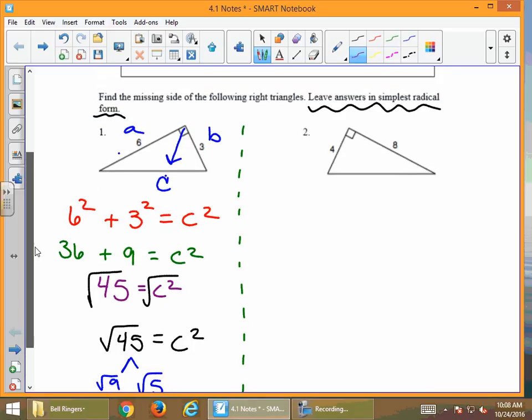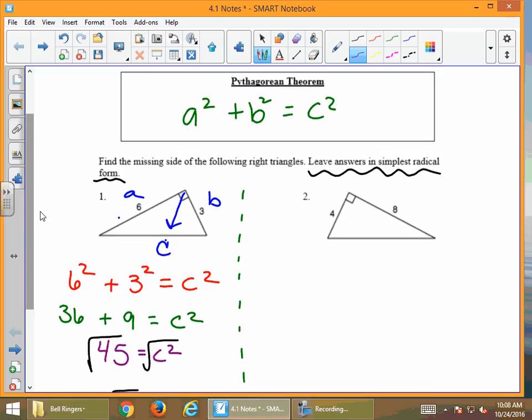If we take a look at the next one, again, the side across from the 90 is always your C. This is A, this is B, doesn't matter. The one that matters is the one across from 90, it is always your C every single time. And then you fill those values into the formula. What's it going to look like when we fill these values in?